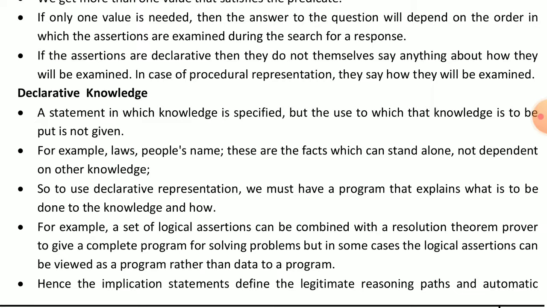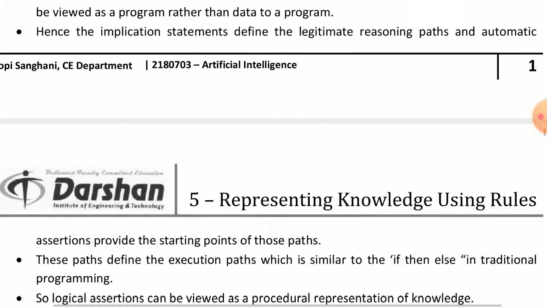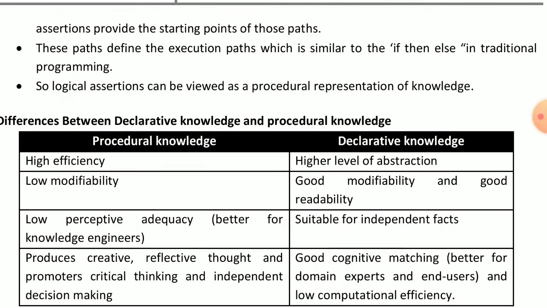Now the different statements are used for different reasoning, and we can prove the statements. We can take the sentence at first and find out all the possibilities, all the paths.